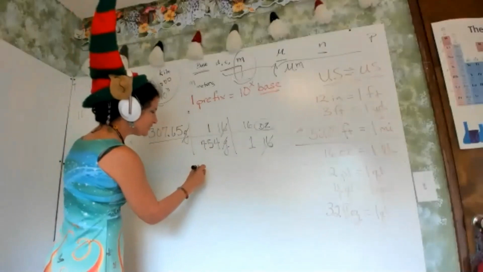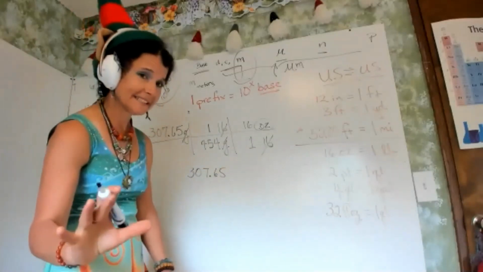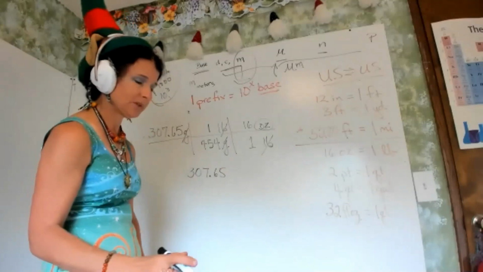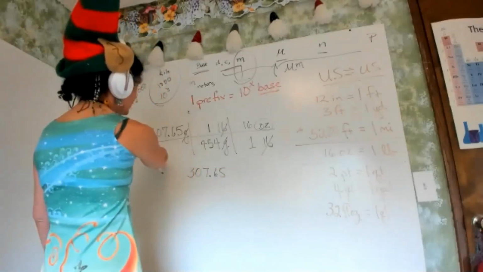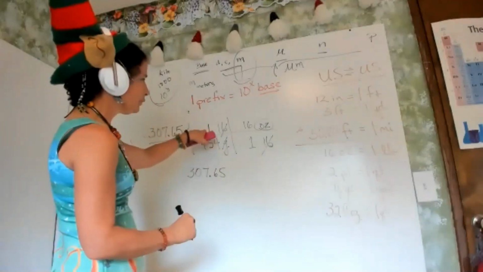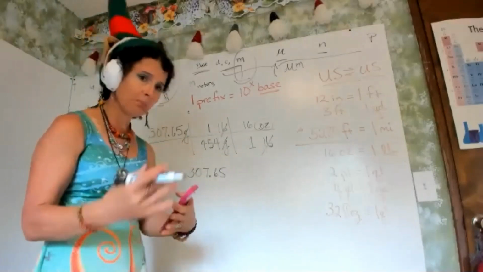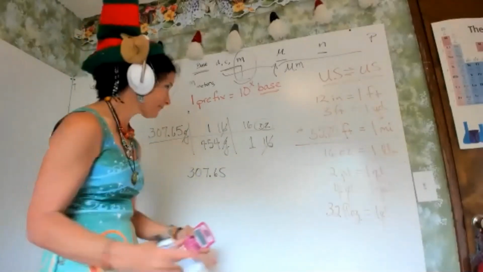All right, how I punch this in my calculator. What I find is some people love this and some people are like, I didn't like it. Find the way that works for you. So, 307.65. I ignore the ones, because if you multiply or divide by 1, you have the same number.